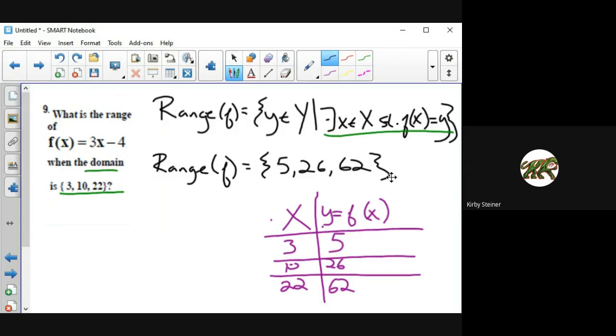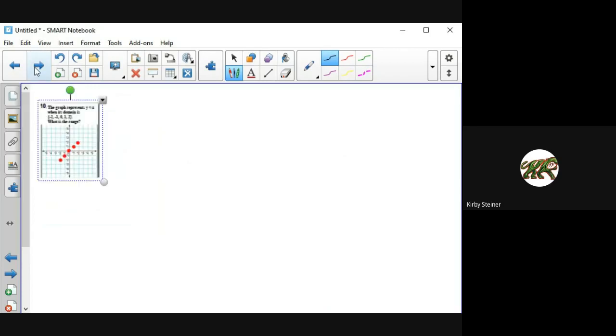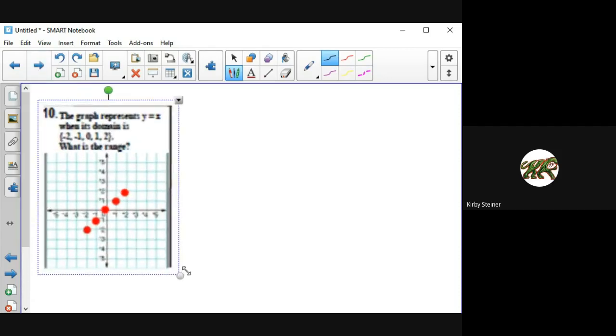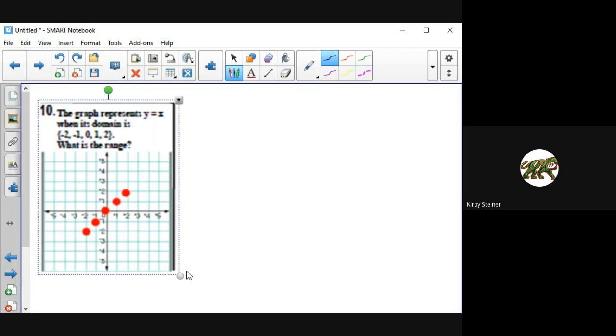All right, so let's keep going. This is a similar type of problem. The graph represents y equals x when its domain is -2, -1, 0, 1, and 2.